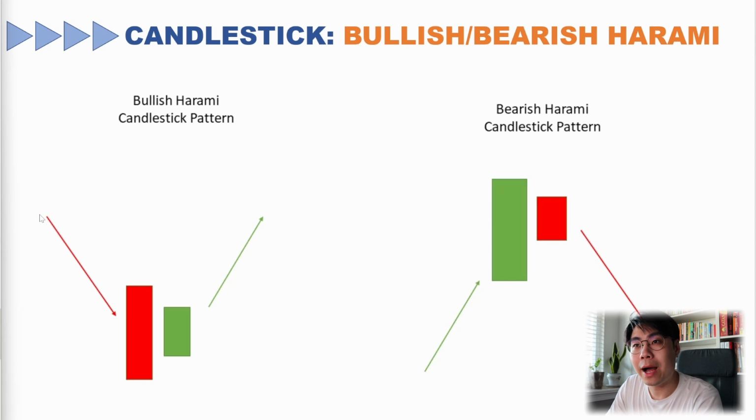Let's understand why this is a bullish signal, right? The reason is because there is a momentum, right? When there's a downtrend or when there is an uptrend, the trend tends to persist. And this momentum is continuing and you see this giant big red candle. However, the next day, let's say we're looking at a daily time frame, right?